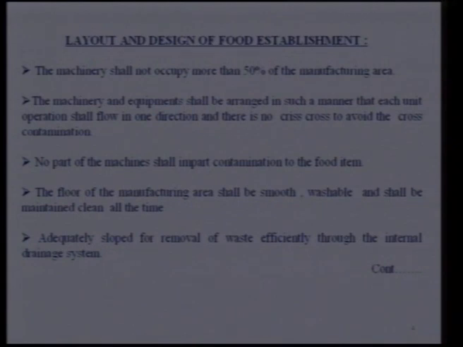The processing hall should be designed in such a way that there is proper drainage and removal of effluent waste, and there should be a proper slope in the processing hall.